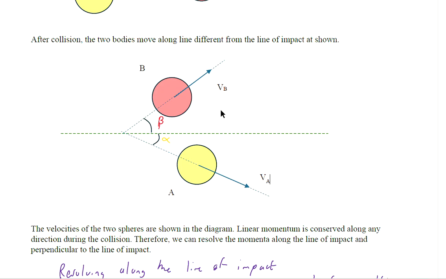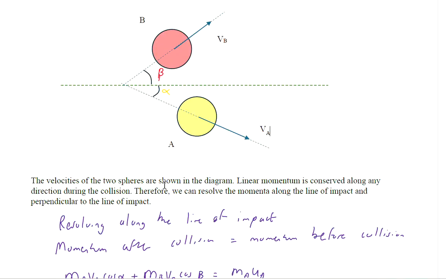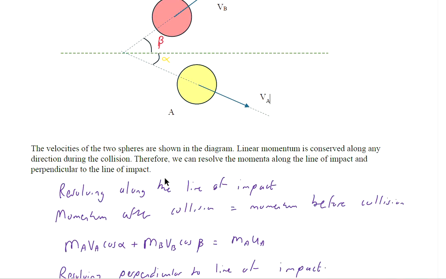To keep things simple, we will assume that we know one of the velocities at least and one of the angles. So let's have a look at, if I have to write equations for conservation of momentum, how this is going to be.